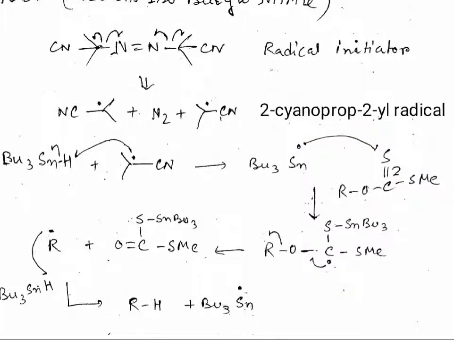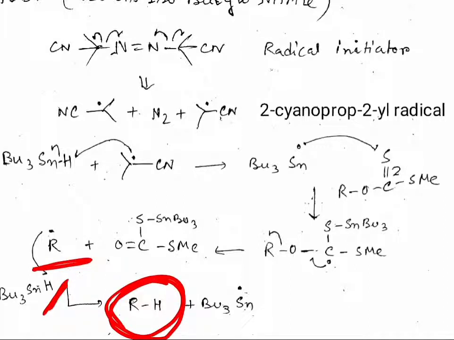Now after that, this radical will go here and this bond will be broken. So ultimately an alkyl radical will be formed. And this alkyl radical will snatch a hydrogen from Bu3SnH and ultimately it will make an alkane from an alcohol.